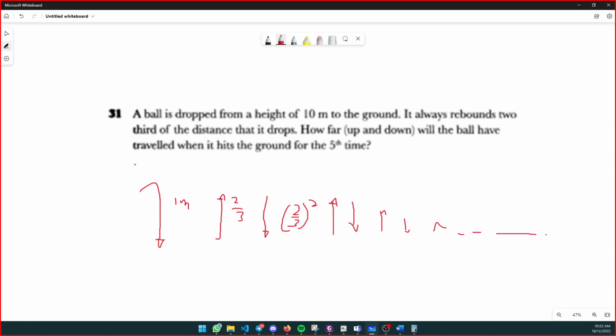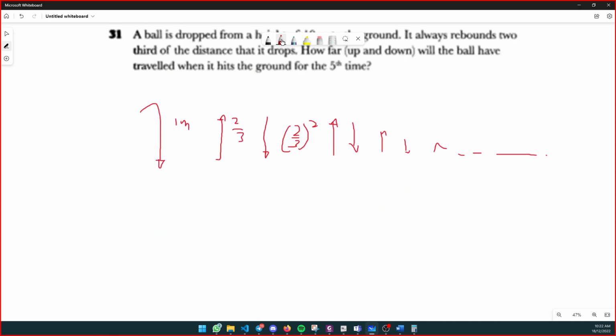How far will the ball have to travel when it hits the ground for the fifth time? So I find the fifth. And they want to find how far up and down, so they want to find the displacement. I think you can just answer this very straightforwardly.